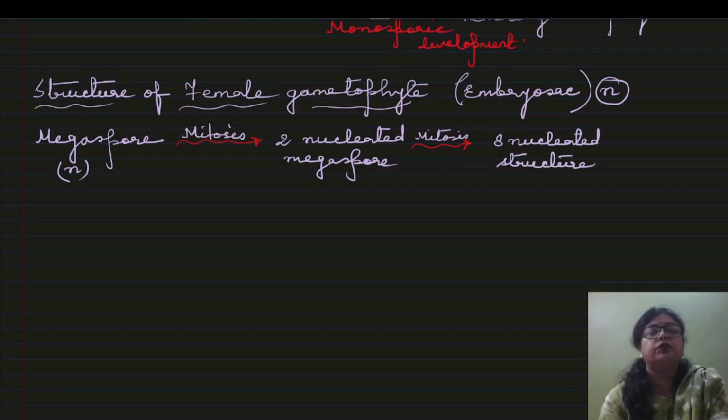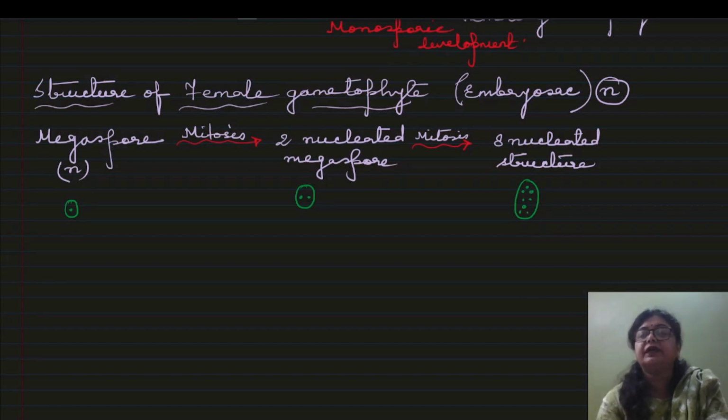Okay, so let us draw this one. Suppose this is the megaspore and 2 nucleated means how many nuclei are formed? 2. Then ultimately it is forming 8. You can see 8 nuclei.